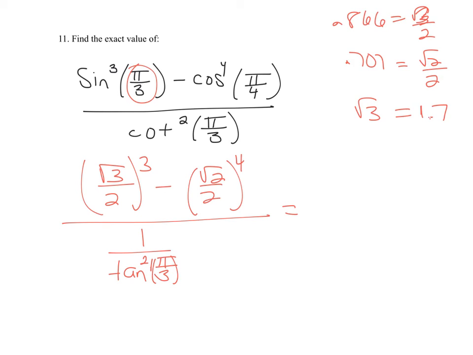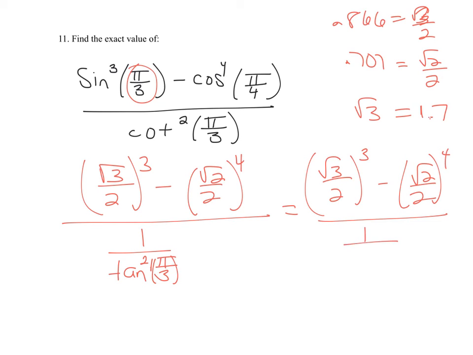So I can rewrite this now as radical 3 over 2 cubed minus radical 2 over 2 to the fourth, over 1 over whatever tangent of pi over 3 is, all squared. Tangent of pi over 3 is radical 3, and that's going to be squared.